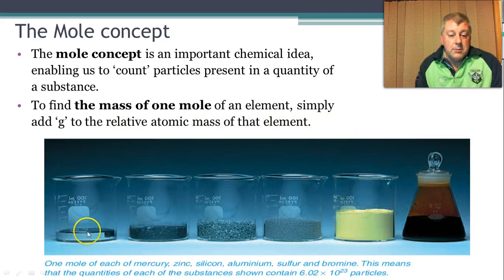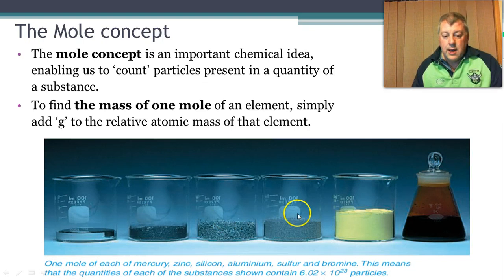So here are some examples of 1 mole of mercury, zinc, silicon, aluminium, sulfur and bromine. That means each of these amounts in these beakers contains 6.02 times 10 to the 23 particles of either mercury, zinc, silicon, aluminium, sulfur or bromine. So each of these is 1 mole.